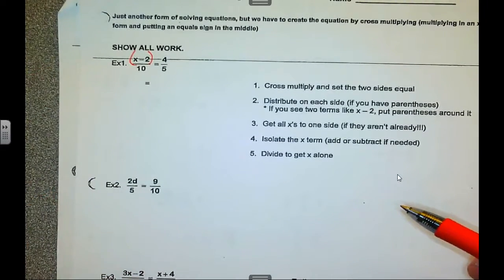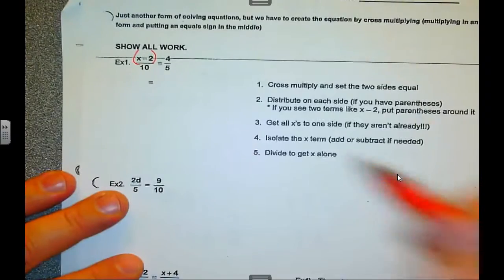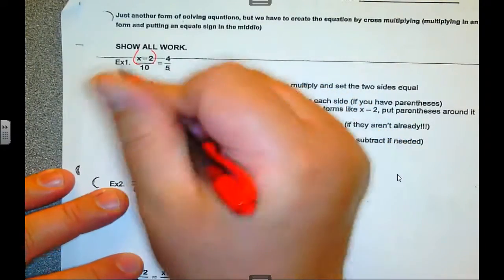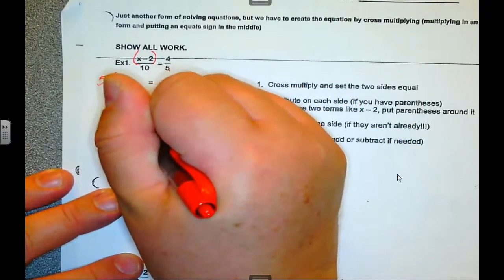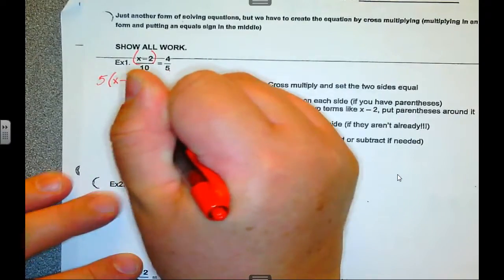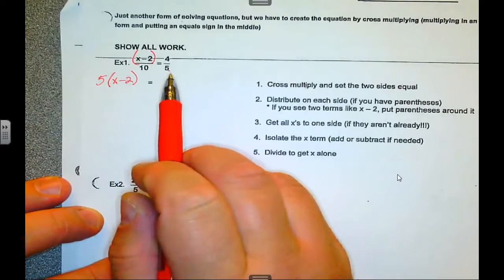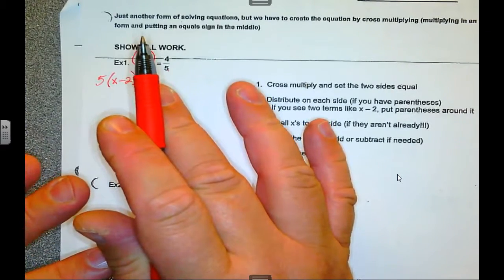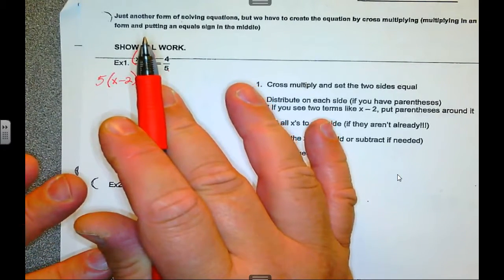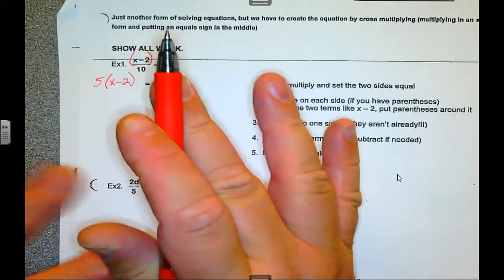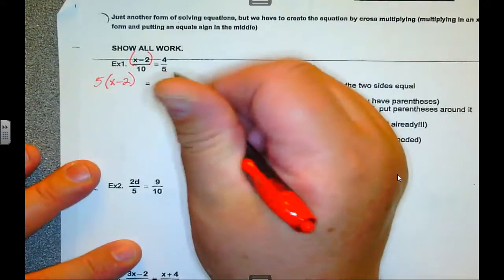So now they're going to get a little longer to solve. So I'm going to take 5 times the quantity x minus 2. Whenever you see two numbers in a numerator or denominator, Ethan, just go ahead and put parentheses around there so you don't make the mistake of not distributing it.